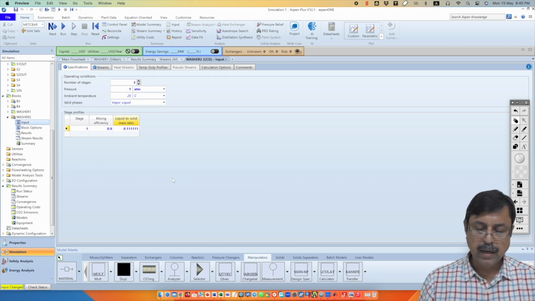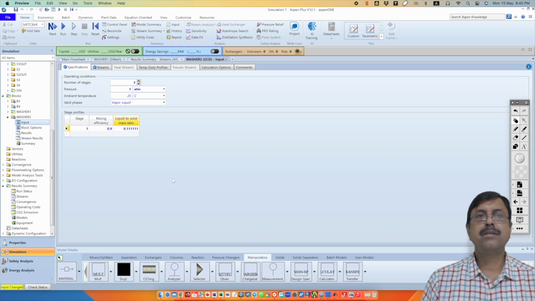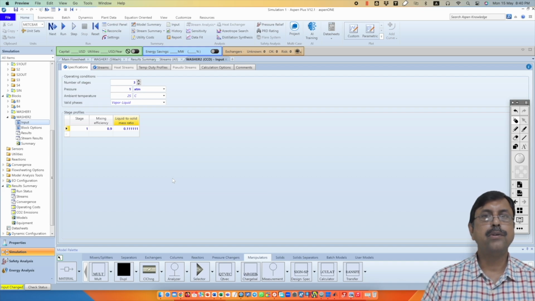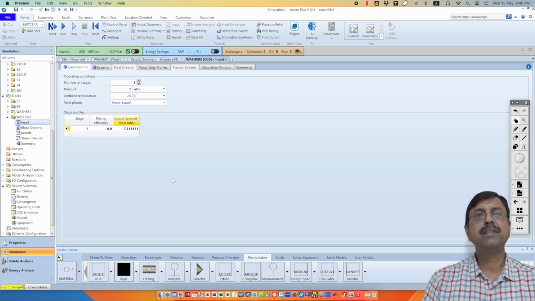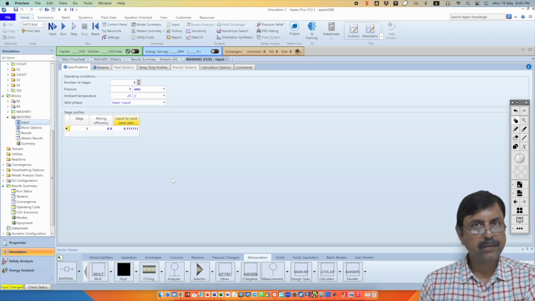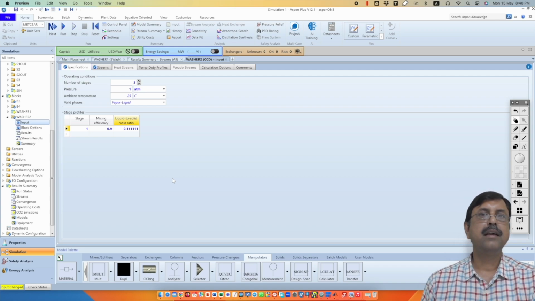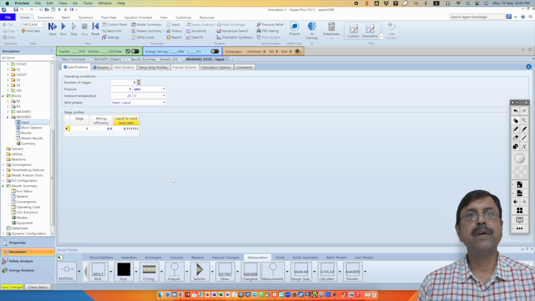Okay. Now let us give only one stage information. So stage 2 and stage 3, if the information is different, that means if the liquid to mass ratio is different or the mixing efficiency is different, then you can set the profile of individual stage information.